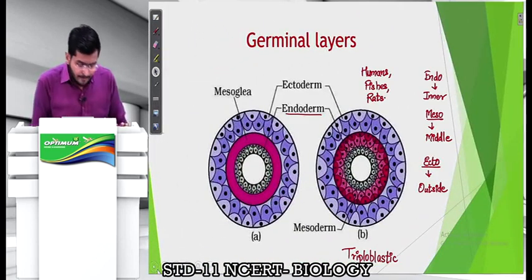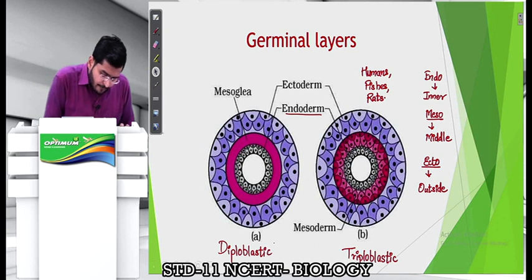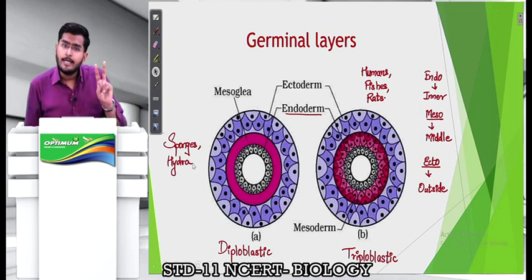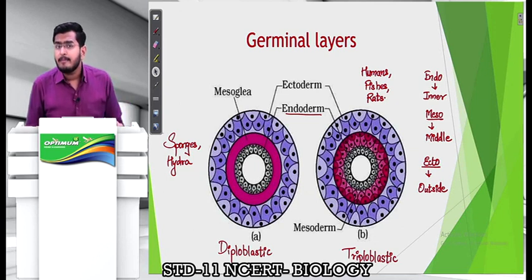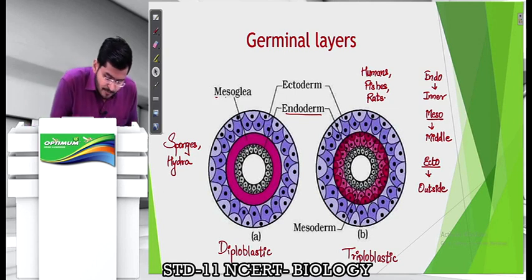And you talk about diploblastic organisms, all lower organisms are going to be diploblastic, right from our sponges to hydra. All these are diploblastic organisms, which means they have only two germinal layers. The inner germinal layer which is called the endoderm, the outer germinal layer which is called the ectoderm, and between ectoderm and endoderm they have a non-living substance which we call mesogloea.